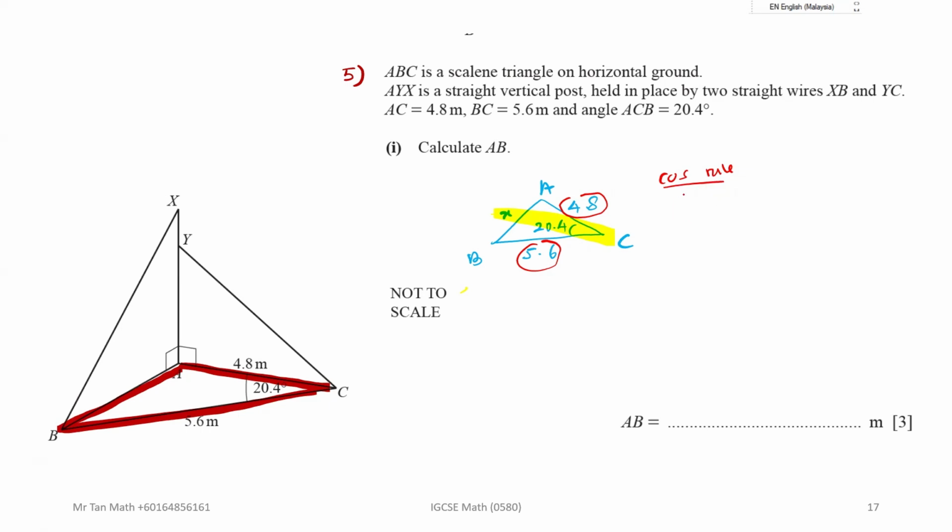Cosine rule. Therefore, AB should equal the square root of 5.6 squared plus 4.8 squared minus 2 times 5.6 times 4.8 times cos 20.4.